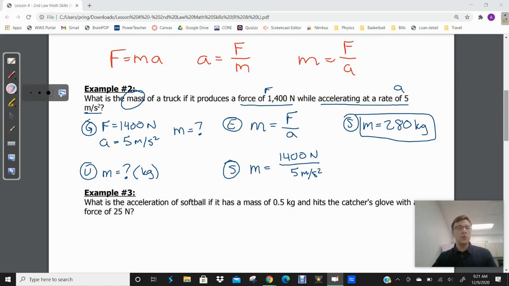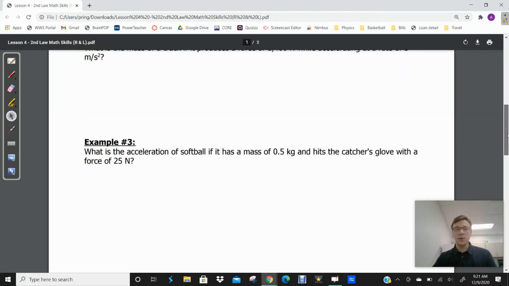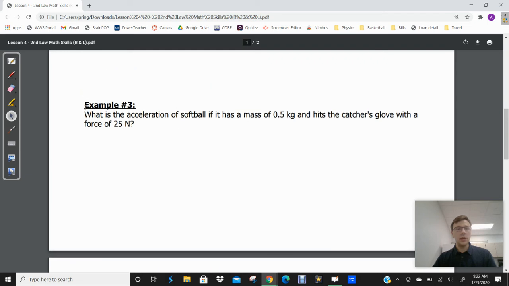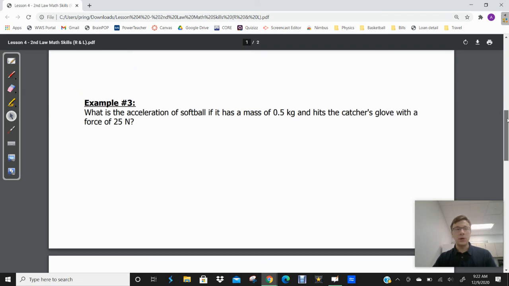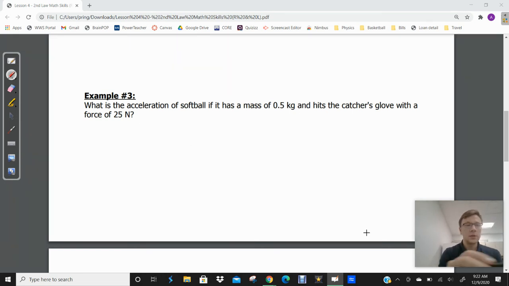Now we'll go ahead and move on to our final example here, which is example 3. And again, I'm going to write those equations out for us. F is equal to ma. Acceleration is equal to force divided by mass.